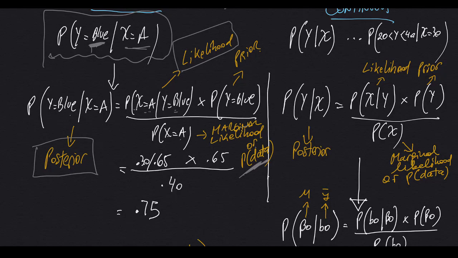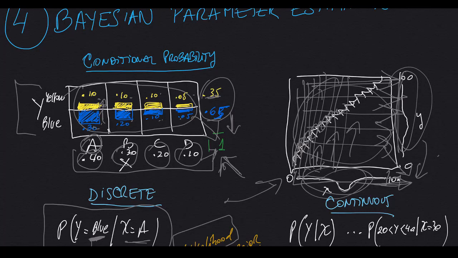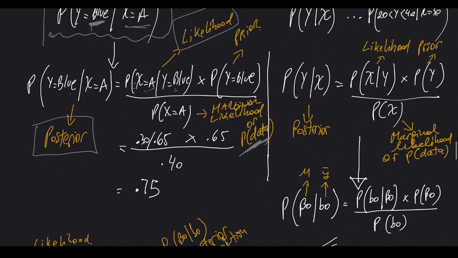Now we can replace the values. What's the probability of landing in A, given that it landed in blue? The probability of landing in blue is 0.65. The probability of landing in A for blues is 0.30. So the probability we're looking at is 0.30 divided by 0.65.